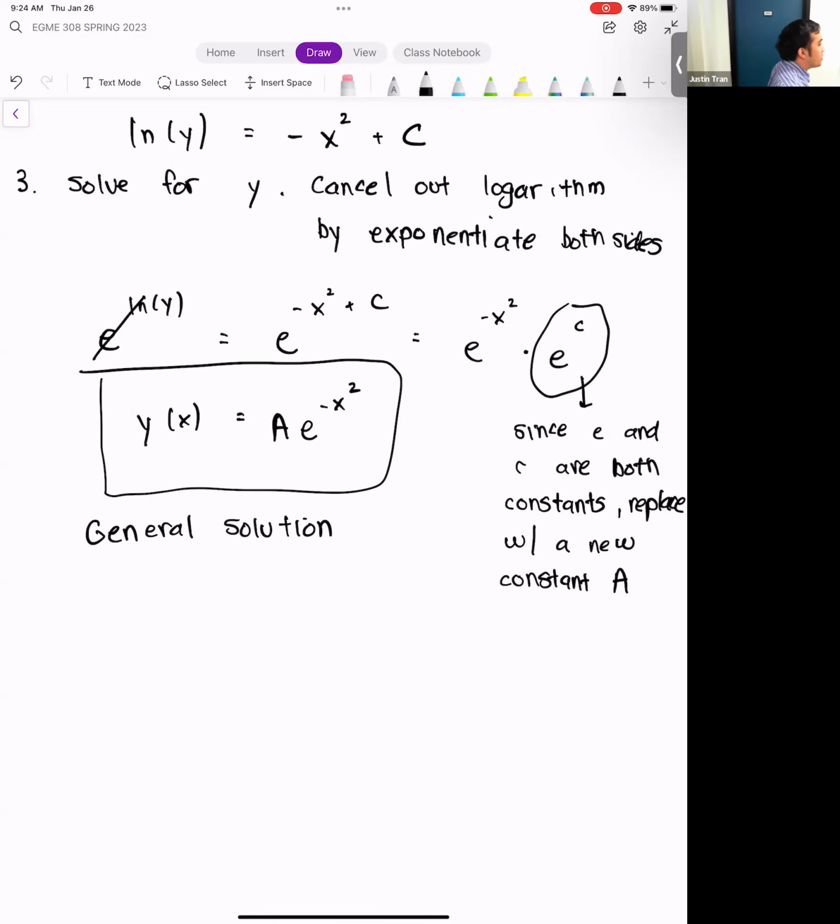All right, and so let's go ahead and take the final step. What's different about this problem compared to our previous example is that we have an initial condition here. So our initial condition stated that y of 0 is equal to 1.8.